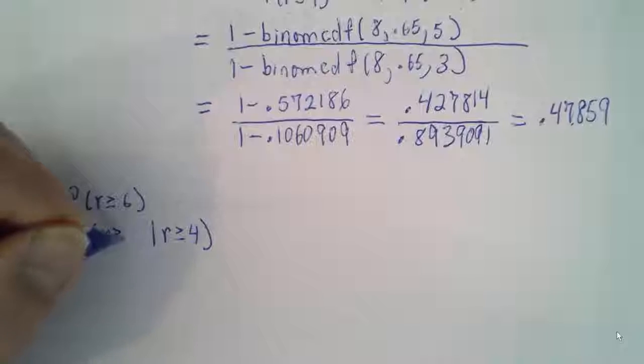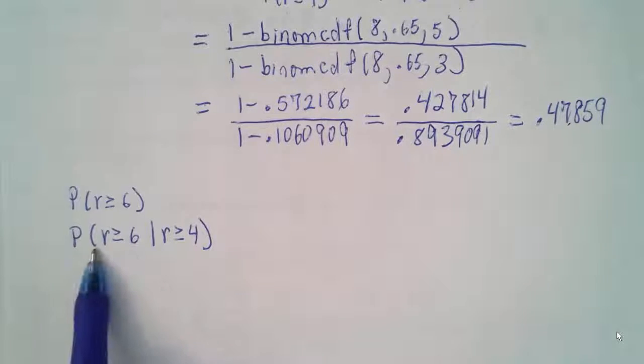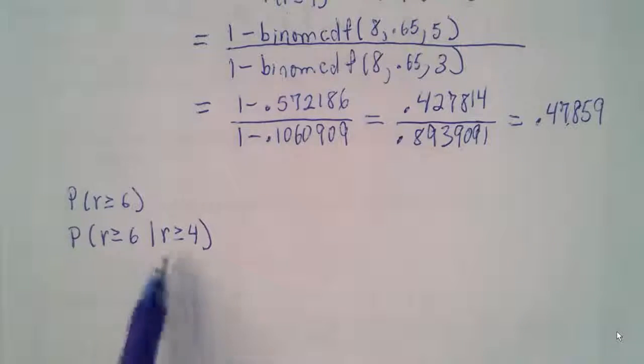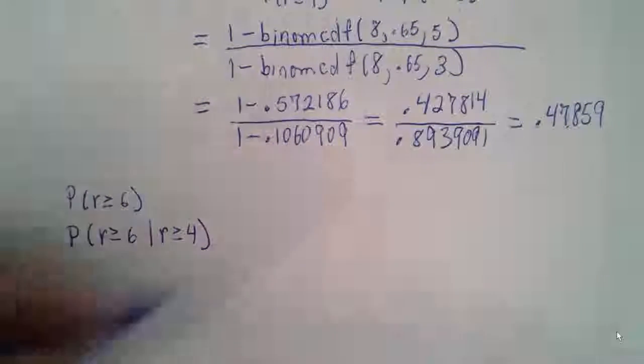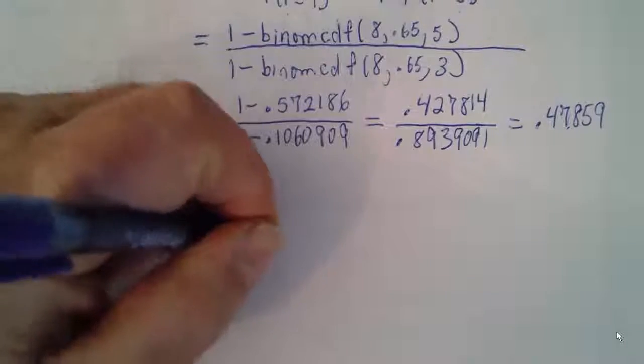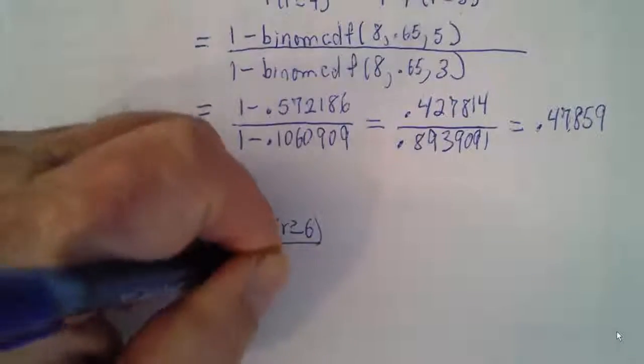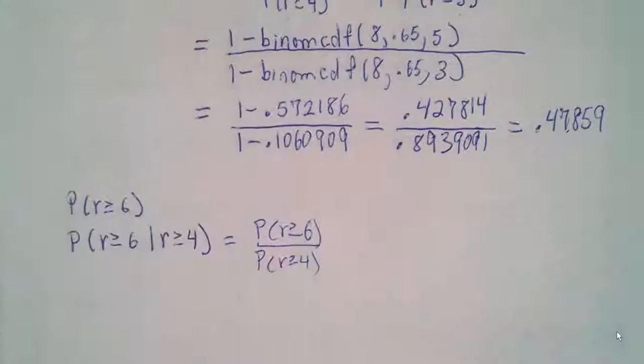So then you could say, well, what's the probability that I'll get at least 6 heads if I know in advance that I'll get at least 4? Well, that's a conditional binomial probability, and this would be the probability that R is at least 6 divided by the probability that R is at least 4, just as it was before.